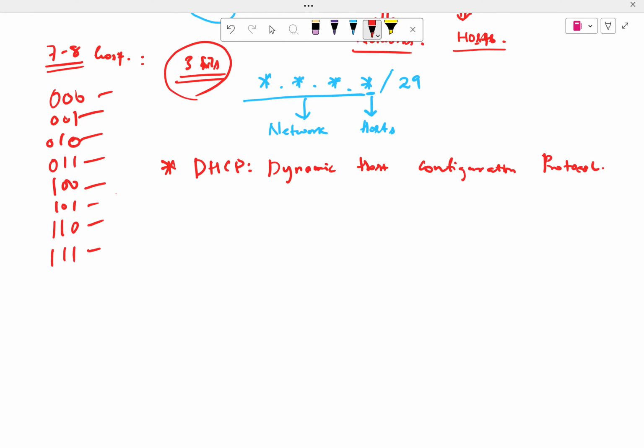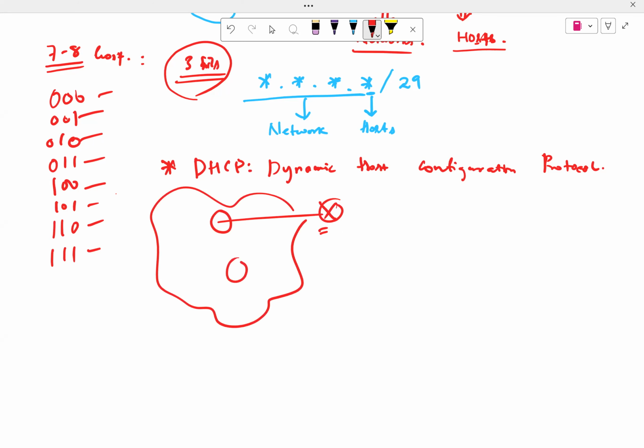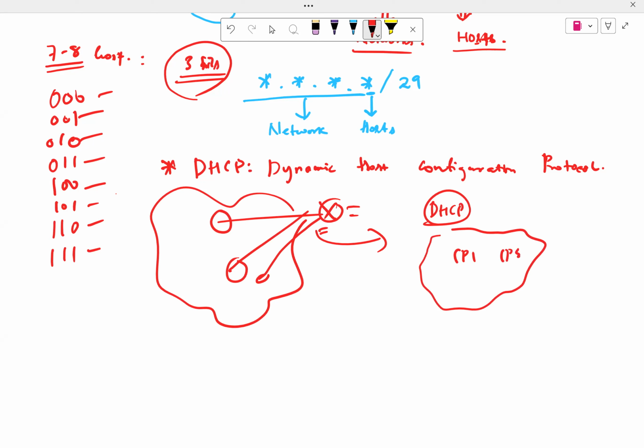What it does is that when you start a system, it will give you a block of IP addresses, or its own IP address, as well as the gateway's IP address, to say which network this belongs to. DHCP has a pool of IP addresses: IP1, IP2, and so on.